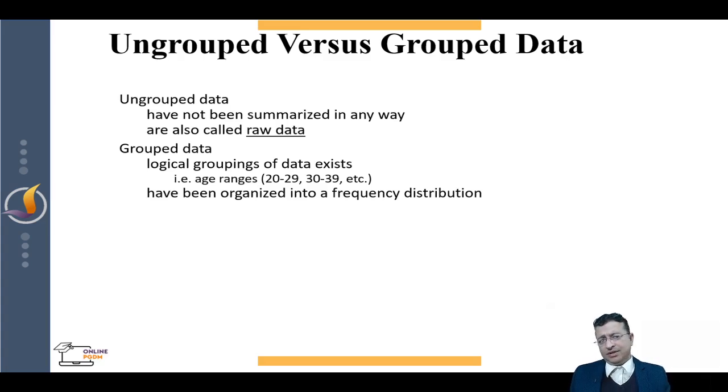Or if I have some data about gender, I can put them in categories: under male how many observations are there and under female how many. It could be location, or quantitative as well.